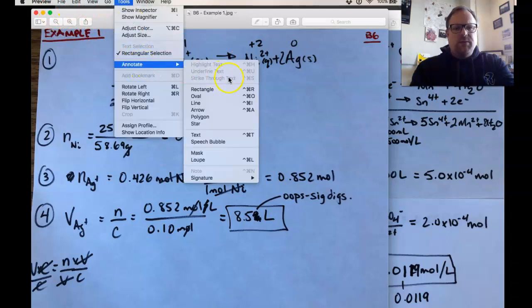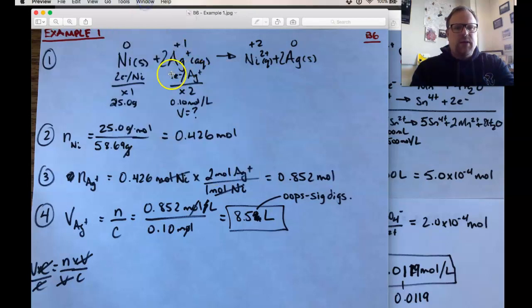I have the ability to annotate, but I don't have the ability to highlight or anything. That's okay. So what we started out with is nickel is reacting with silver ions, and I'm just treating this like a single replacement reaction. There was probably, let's say, silver nitrate that brought the silver ions into that solution.